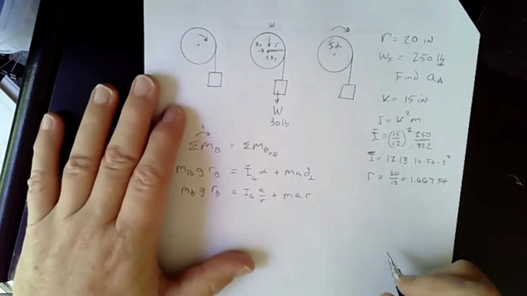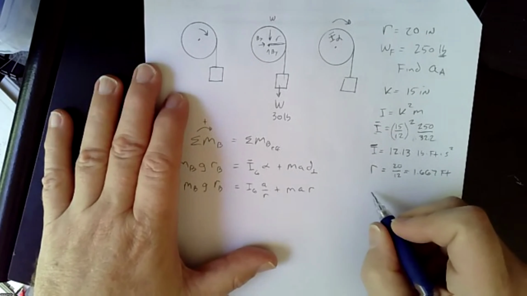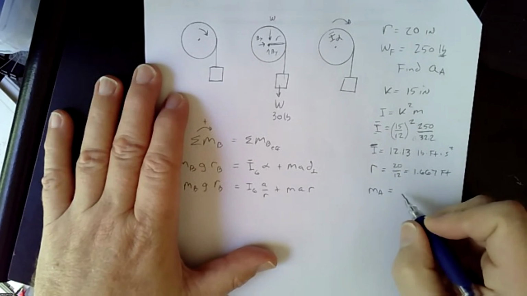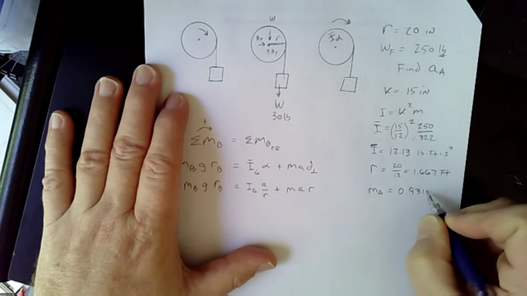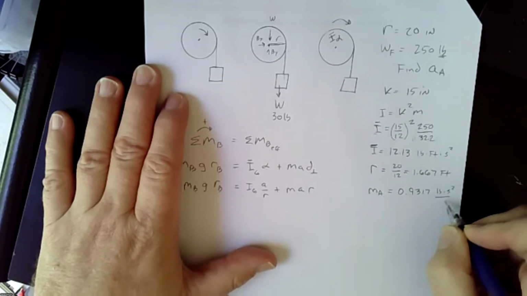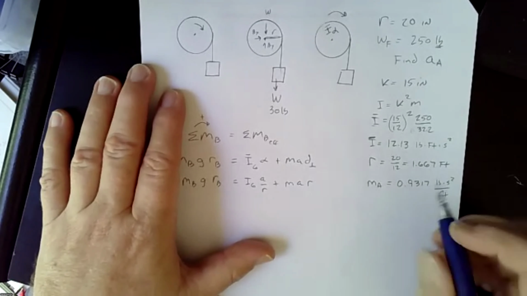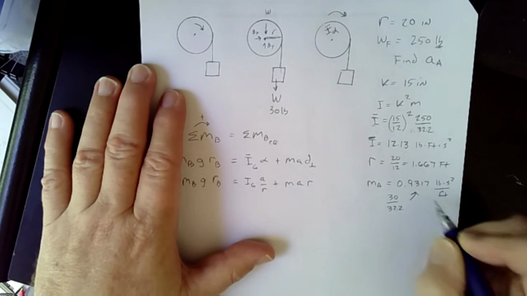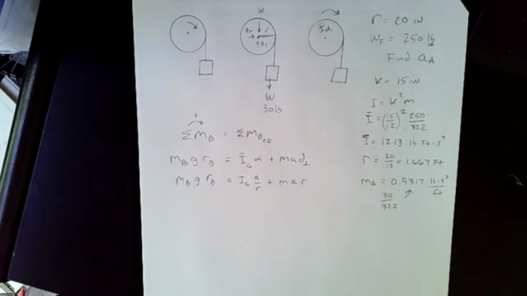And our mass of A is equal to 0.9317 pound second squared per foot. So that's basically 30 over 32.2, right? So that's our mass. So again, English units, a little more cumbersome, but as long as you're consistent, always make things in feet, always divide by gravity to get your mass, then you're okay.